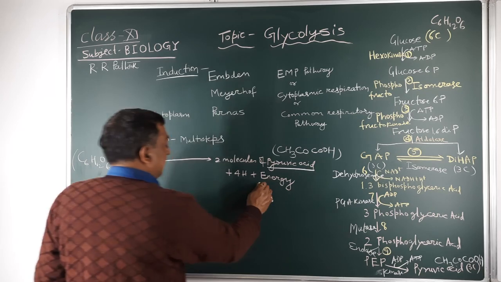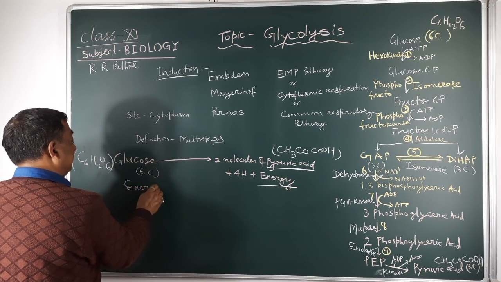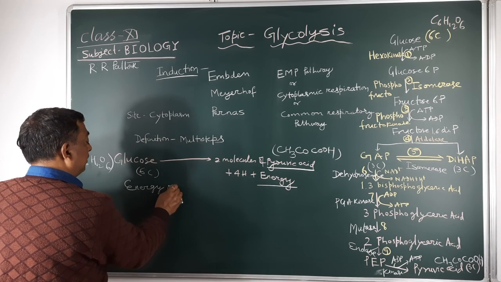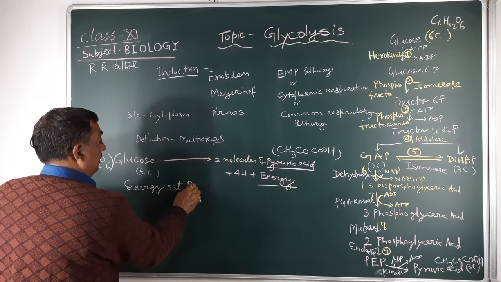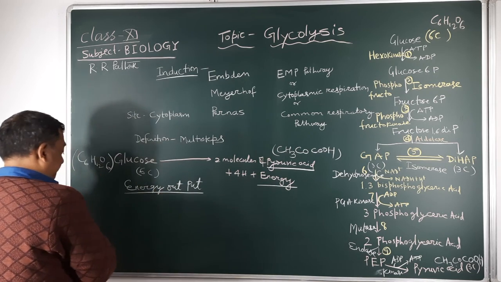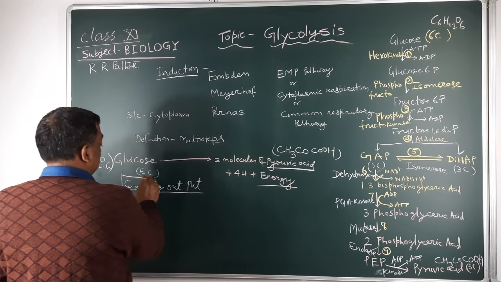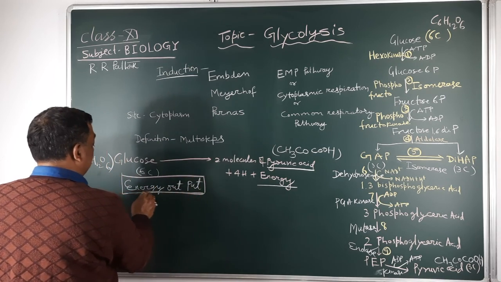What is the energy output of glycolysis? There is a net gain of 2 ATPs.